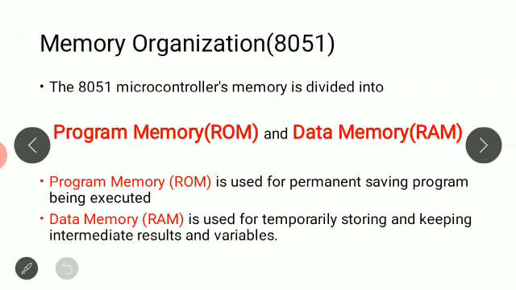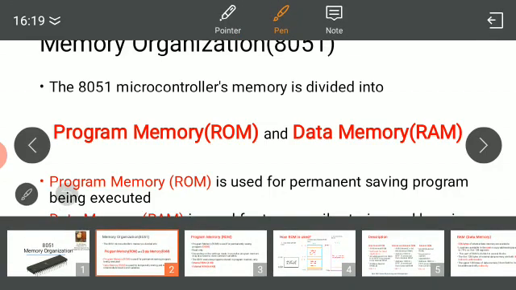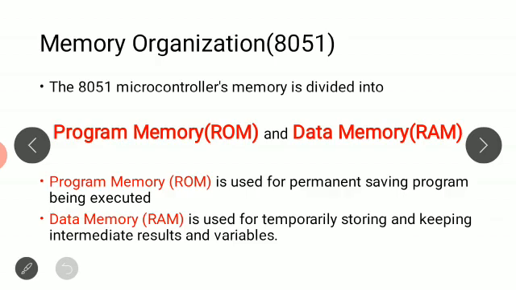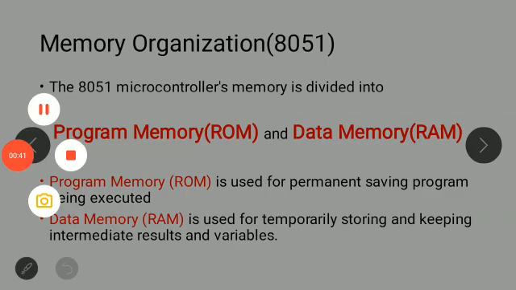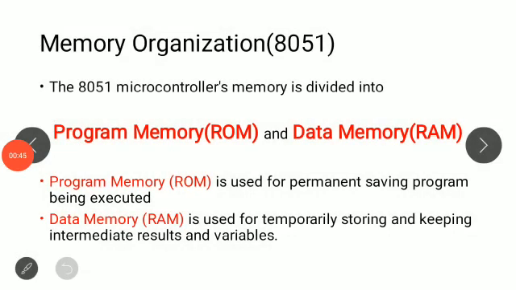Okay, so the memory of 8051 is basically of two types, RAM and ROM. The ROM memory is also called the program memory, and this is the area where the program and the codes that are written for 8051 are saved, while the RAM is the data memory wherein the data is saved.